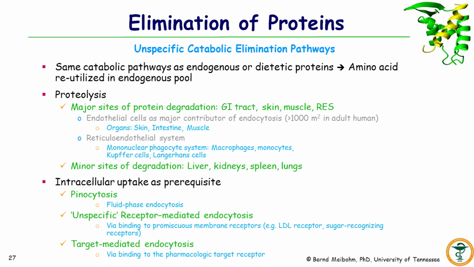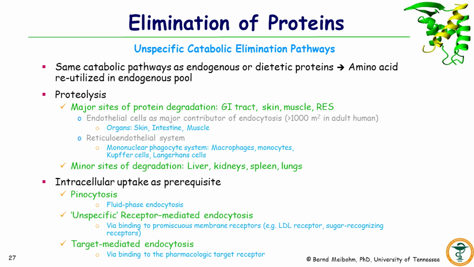The main prerequisite for proteolytic degradation is intracellular uptake. There are a variety of processes how this can be facilitated. The most basic one is called pinocytosis, which is a fluid phase endocytosis and the main process that endothelial cells use to take up therapeutic proteins.